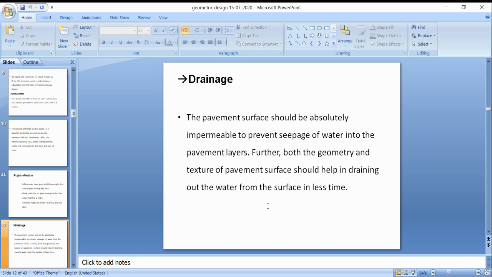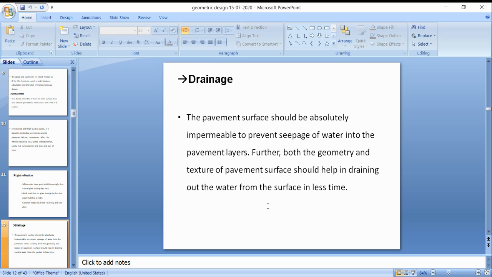It should be so strong that the rainwater is drained off, and at the same time the seepage water under the ground should not come up. So the subgrade should be so strong that it does not let water percolate from the ground surface.